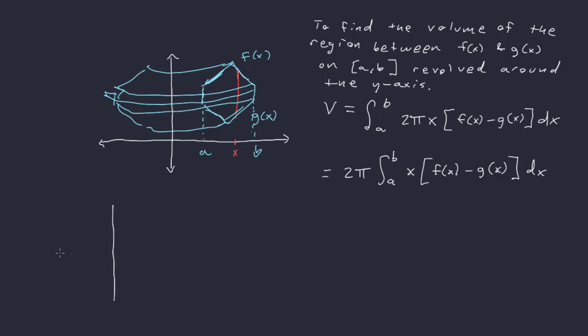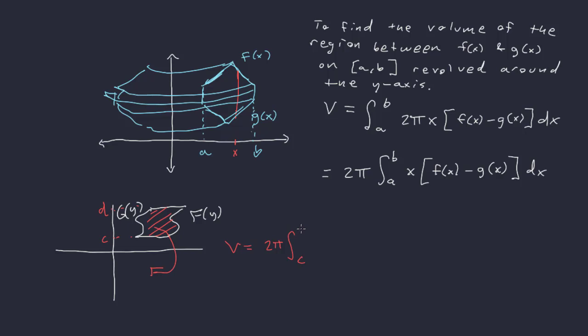So if we want to revolve, say, two functions, the rightmost and the leftmost, and we want to revolve this region around the x-axis, well, that volume is going to be 2 pi integral from, in the y case we usually use c to d, so c to d of y times capital F of y minus capital G of y dy.